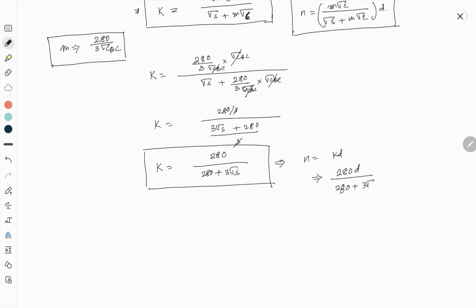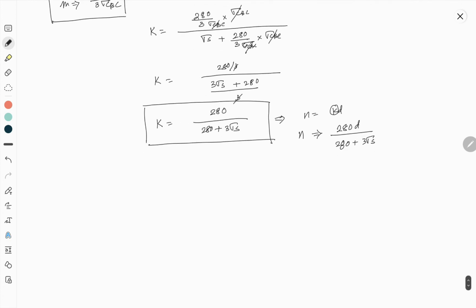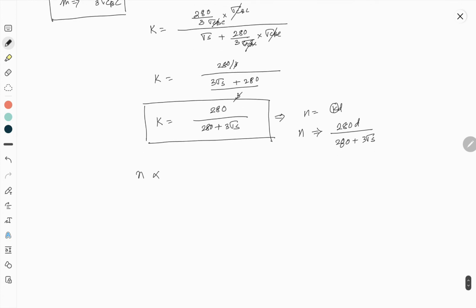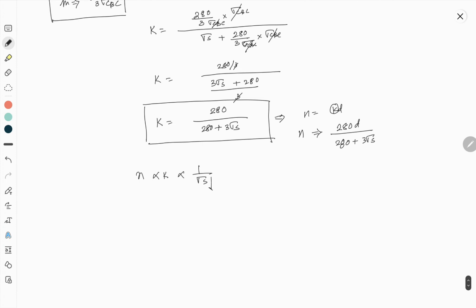Okay, that means neutral axis depends on k, and that k depends upon sigma s. If sigma s decreases, k increases, n increases. If sigma s increases, k decreases, n should decrease.